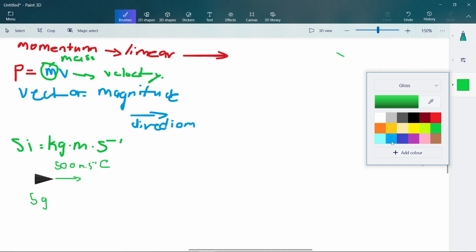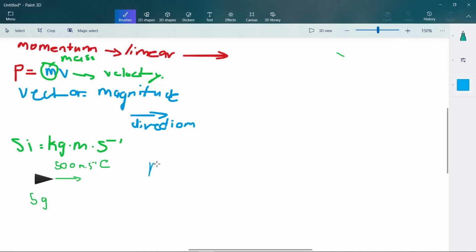The momentum of this bullet is p equals mv, the mass multiplied by the velocity. The mass we're given is in grams, so we need to convert it into kilograms.